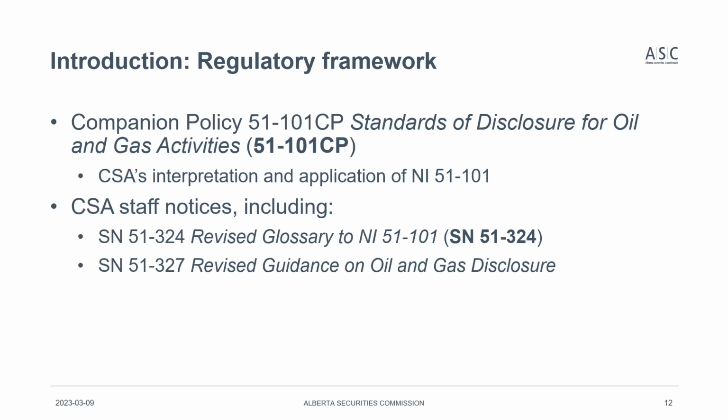That one will be referenced a few times. It includes all the definitions, except for, I think, two, that are used throughout 51-101 and all the forms in the companion policy. So it is the most comprehensive listing of all of the definitions. It is not actually part of the instrument itself, but it is a handy place to get those definitions. And then there's 51-327, which has additional information on oil and gas disclosure. So those are the main ones.